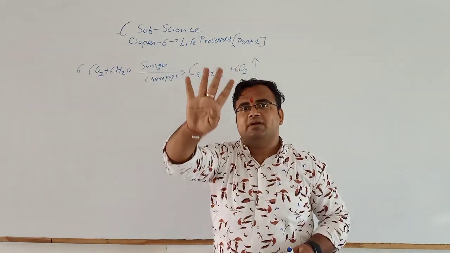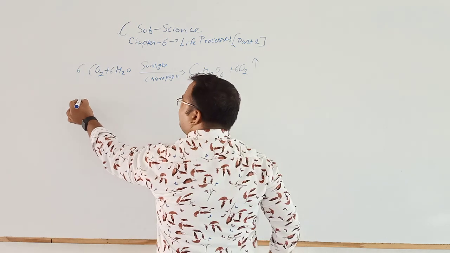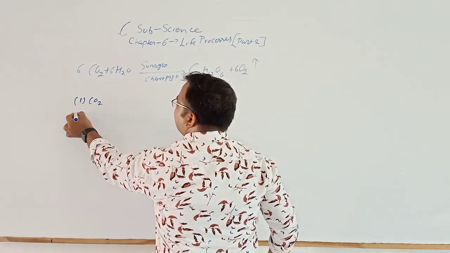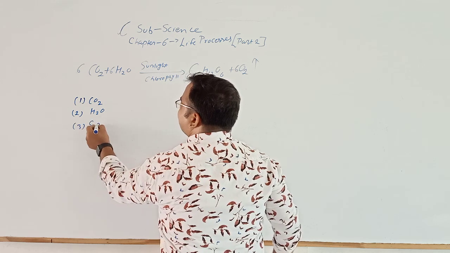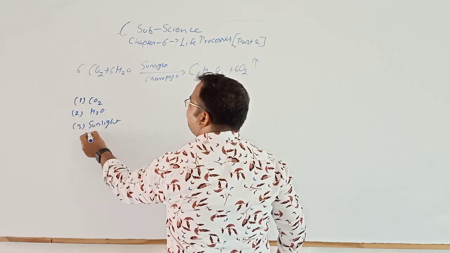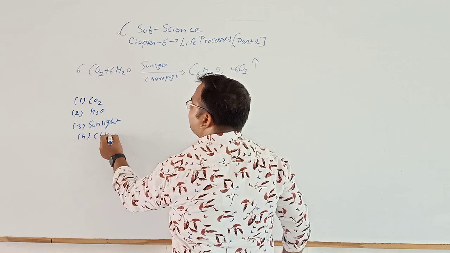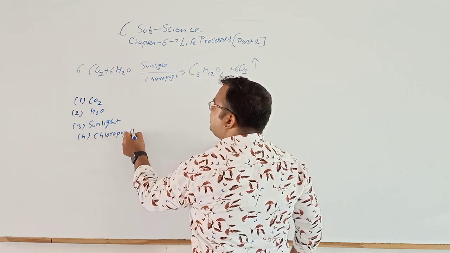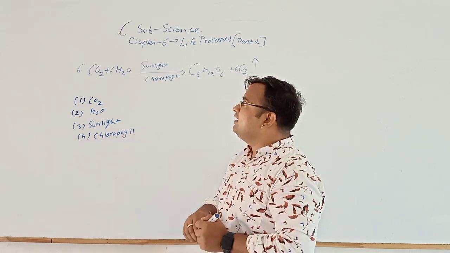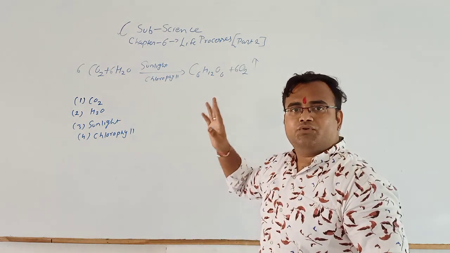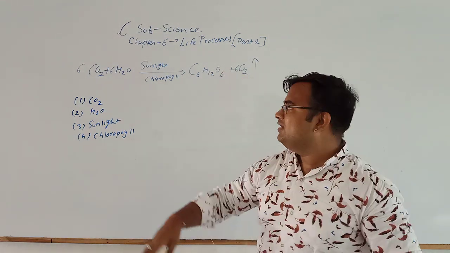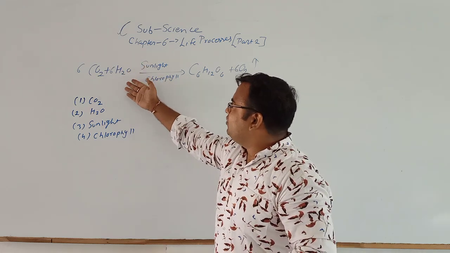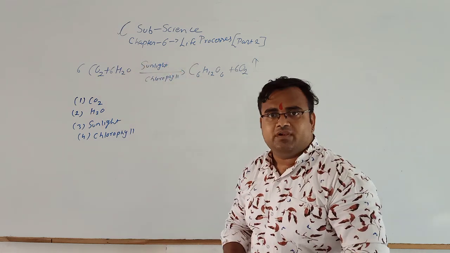There are four raw materials: first is carbon dioxide, second is water, third is sunlight, and fourth is chlorophyll.